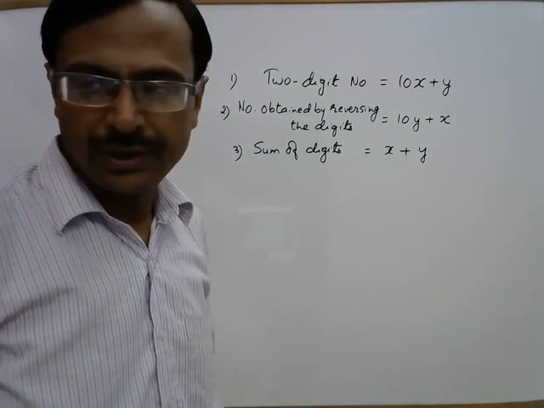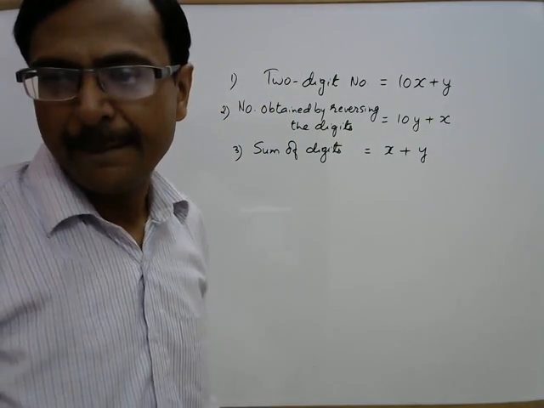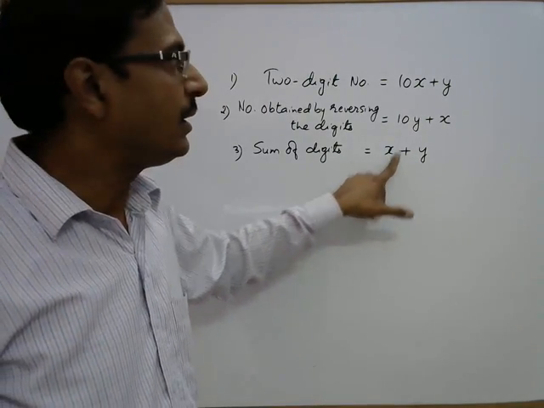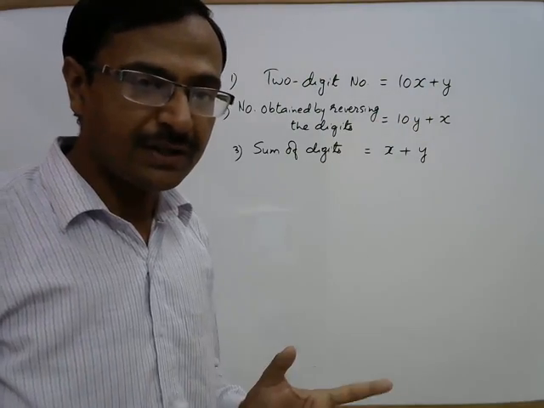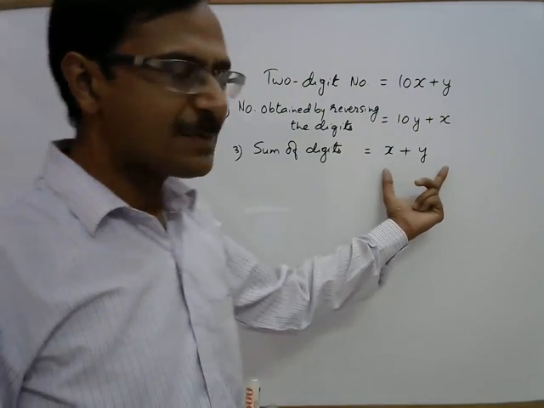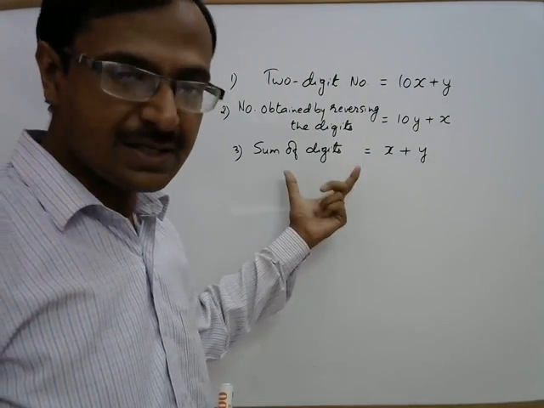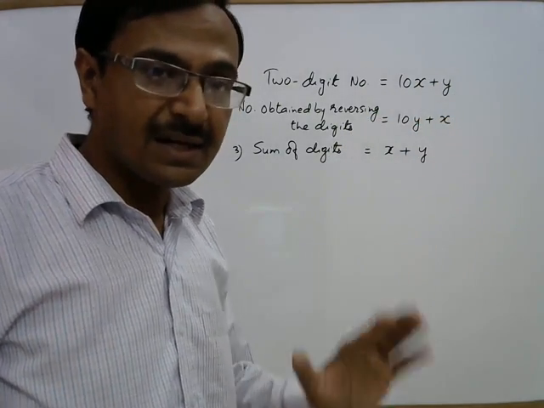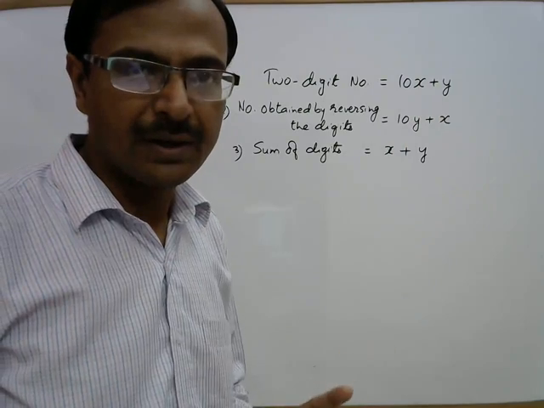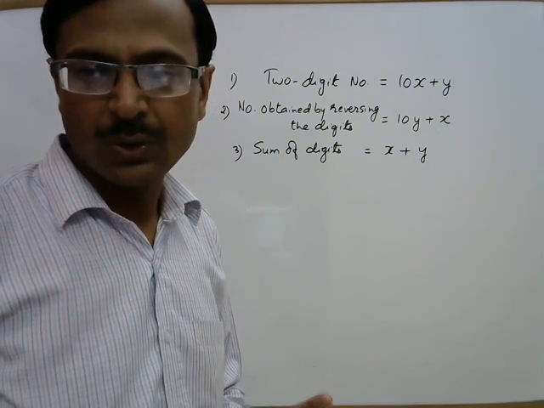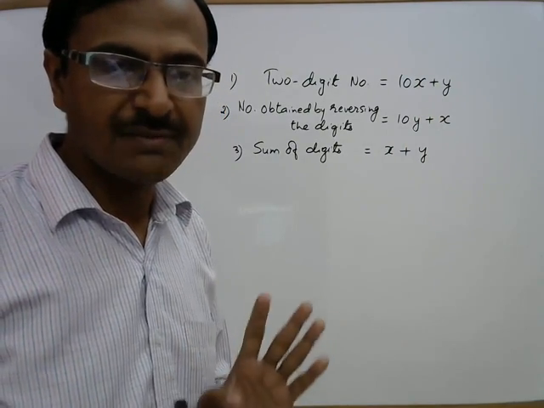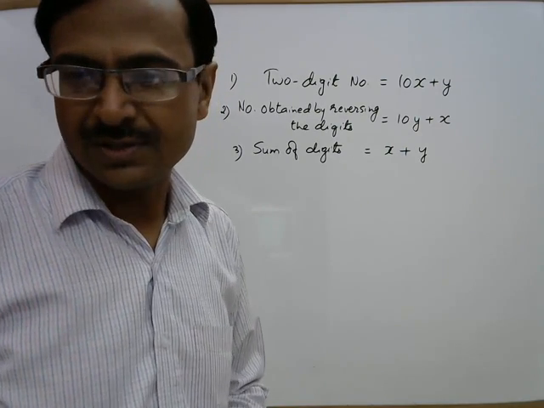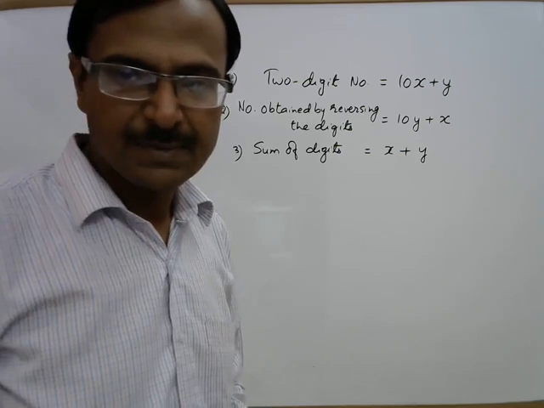Very important to note here that x plus y and 10x plus y are two different things. x plus y is the sum of the digits, whereas 10x plus y is the two-digit number. So do not confuse between the two, because this is a very common mistake which is done by the students. So do not commit that mistake.